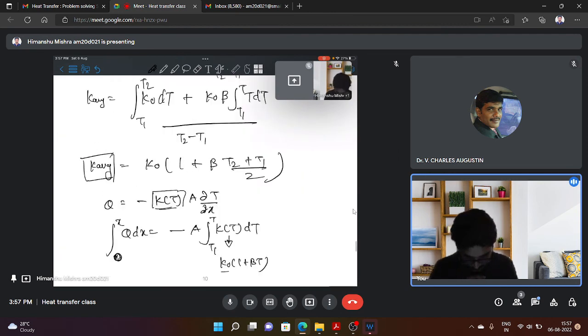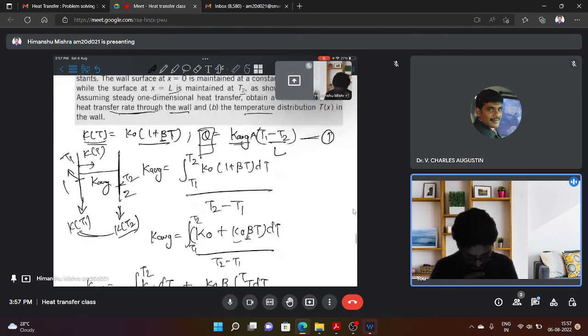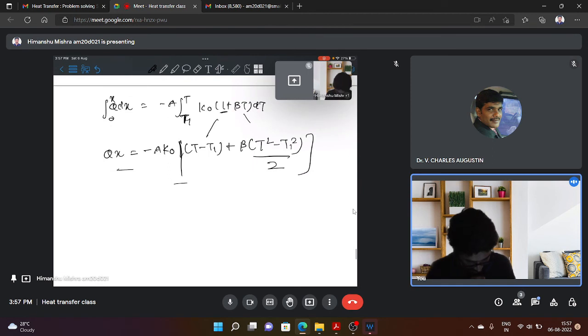So we already know the expression for q, which is given in terms of k average. So we can put this expression of q into the expression, let's say B, T2 minus T1.